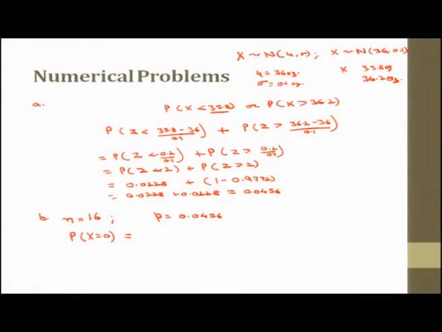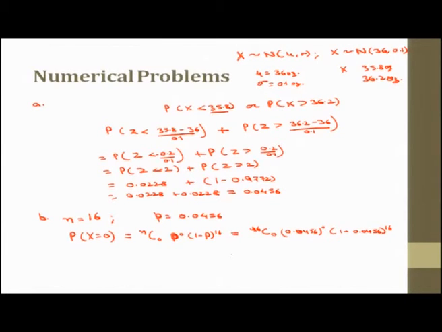For x equal to 0, the relation that I have would be NC0, then probability of out of control NC0, P power 0 and 1 minus P power 16, which is equal to N, that is 16C0, 0.0456 power 0 and 1 minus 0.0456 power 16.